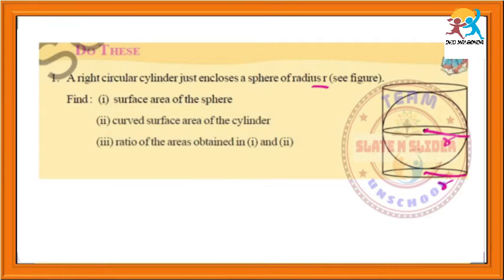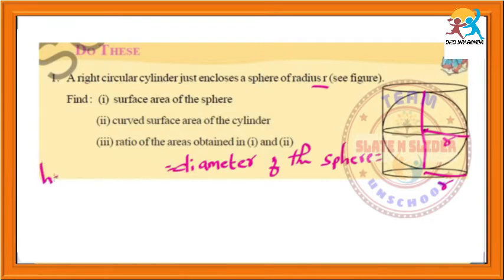But from this figure, we can say that the height of the sphere is equal to the height of the cylinder. What is the height of the cylinder? That is nothing but the diameter of the sphere. Diameter of the sphere is equal to height of the cylinder. So from this we can write h is equal to 2r.